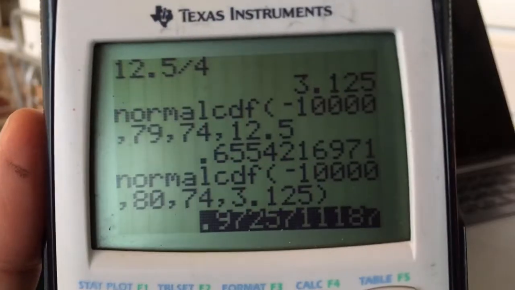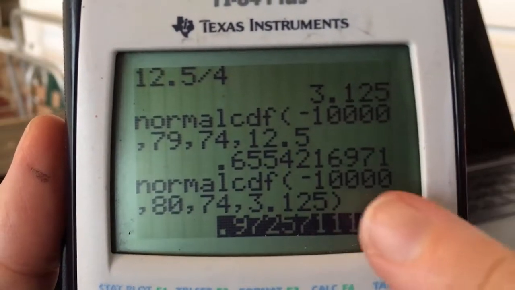So then, in order to get our new standard deviation, or standard error of the mean, we're going to find that we get the 12.5 divided by the square root of 16, which is 12.5 divided by 4. And so now I'm going to do the same thing again, using this one right here.